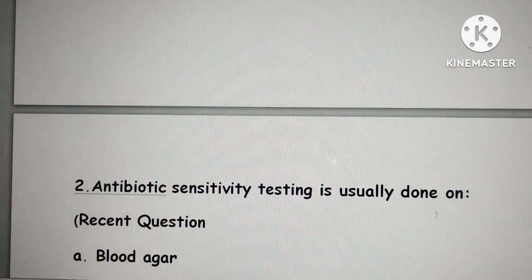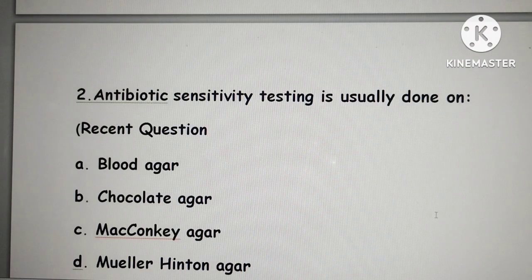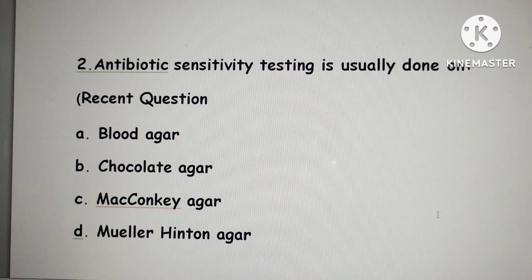So the next question is, antibiotic sensitivity testing is usually done on blood agar, chocolate agar, MacConkey agar, or Mueller-Hinton agar.